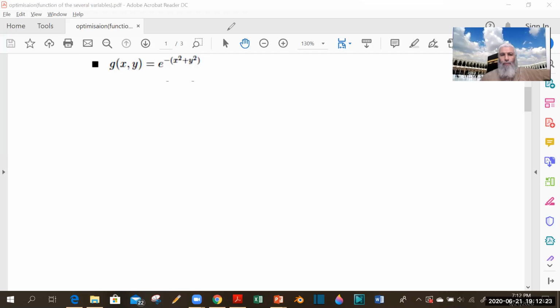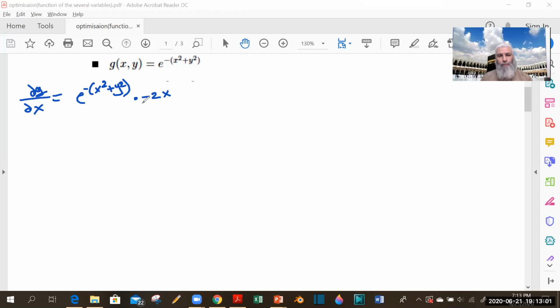Bismillah. dg dx, with respect to x, would be e power negative x squared plus y squared, multiply the derivative of the inside, which is negative 2x.